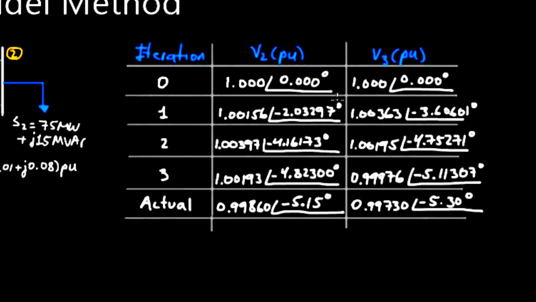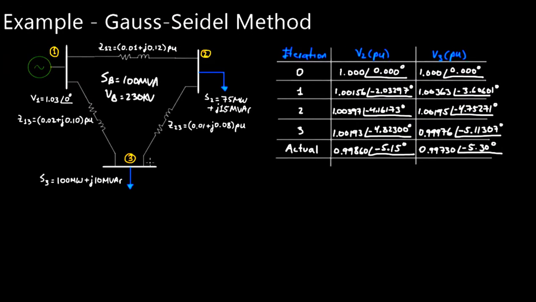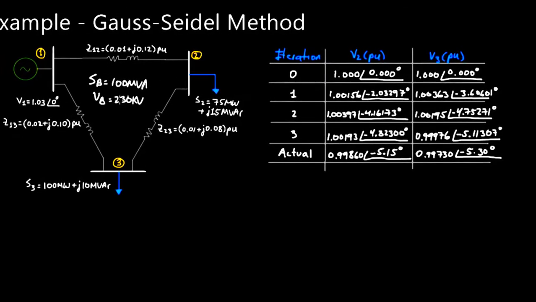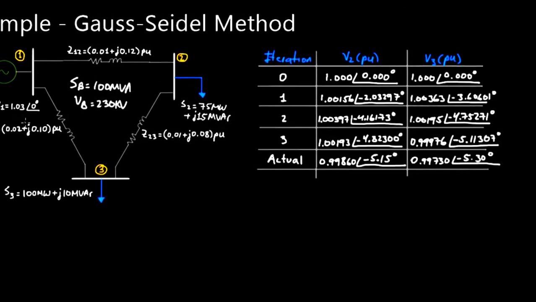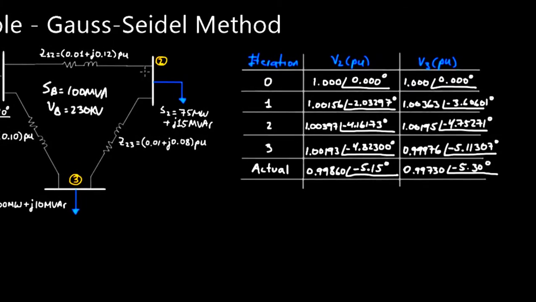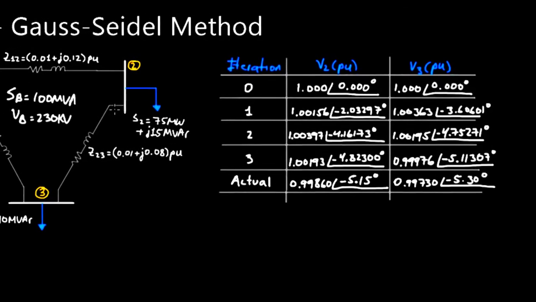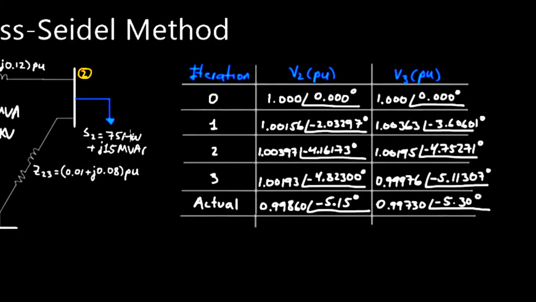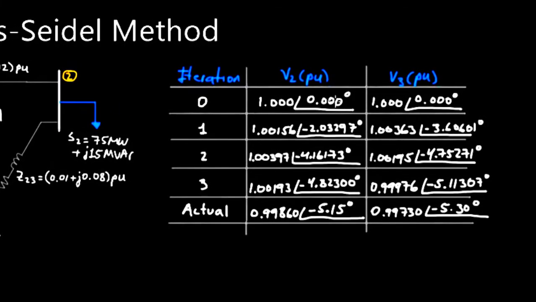That's not always true though. It could be that the voltages are below the slack bus, which is almost always true. In this example where the slack bus is at 1.03 per unit, voltages at bus 2 and 3 could be at 1.01 and 1.02 per unit, and they would still meet that criteria. However, they went up from our initial guess.